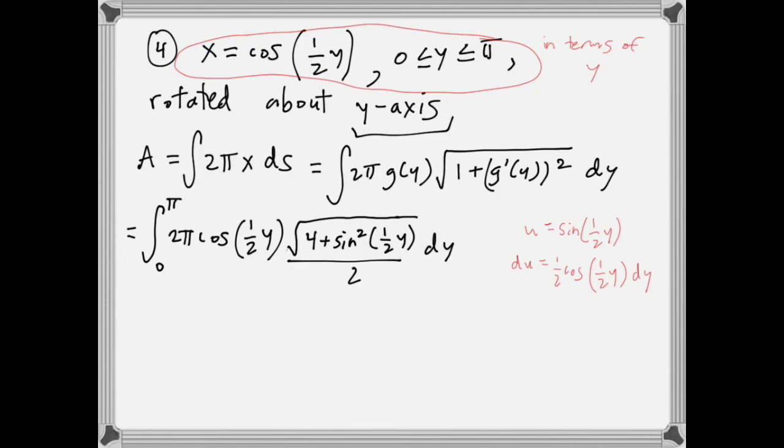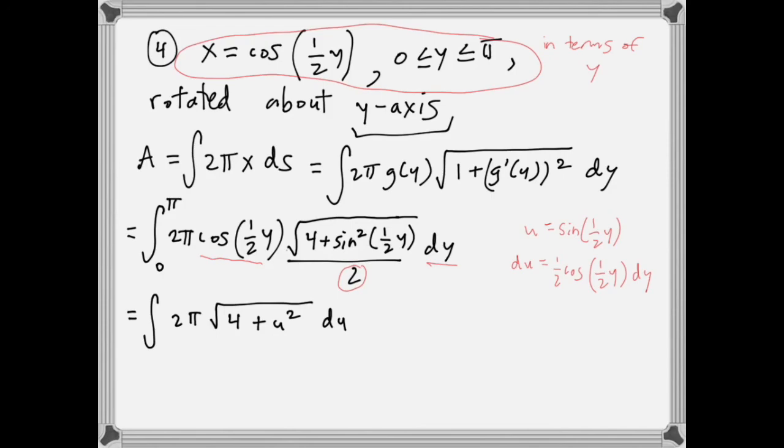Let's rewrite the integral using my new notation. This 1/2 cosine 1/2 y dy is going to absorb everything that I underline. So if I do that, I get 2 pi square root of 4 plus u squared du.